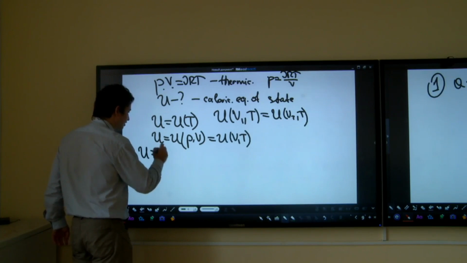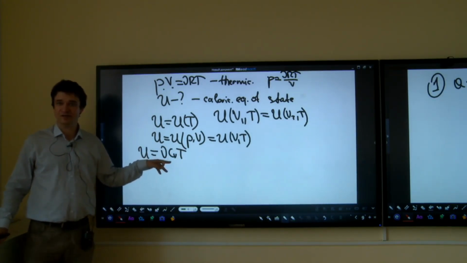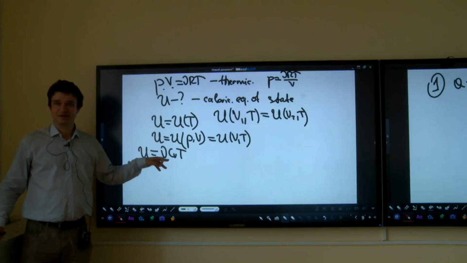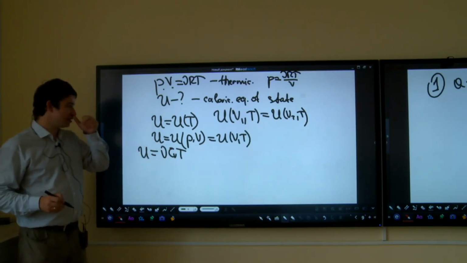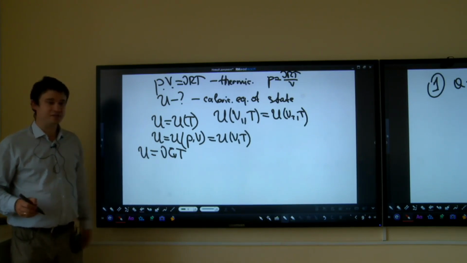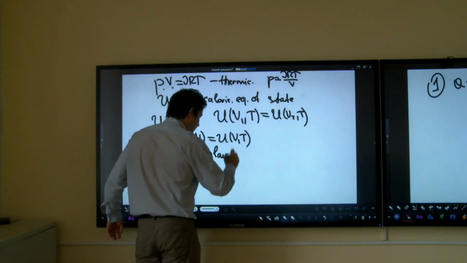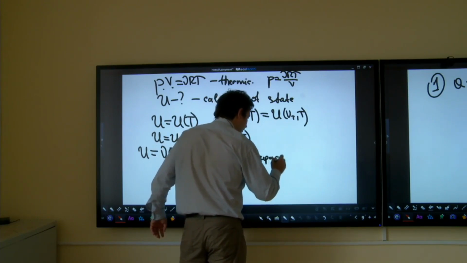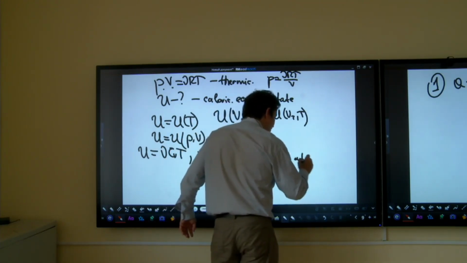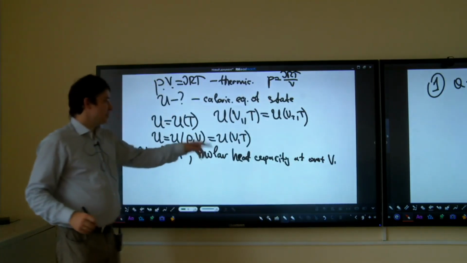That internal energy is nu times CV times temperature. What is this? It's the molar heat capacity at constant volume.